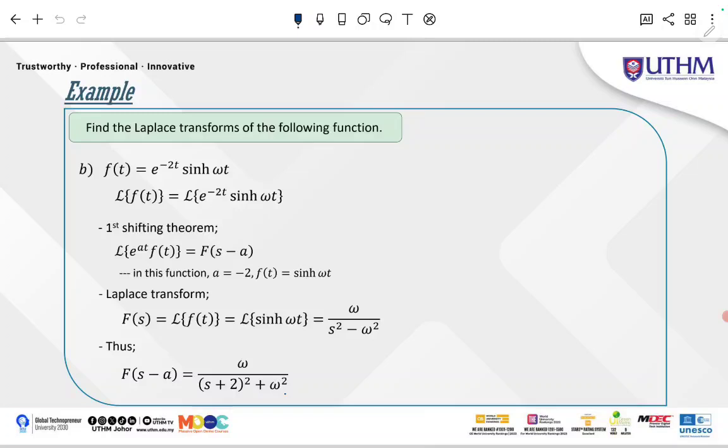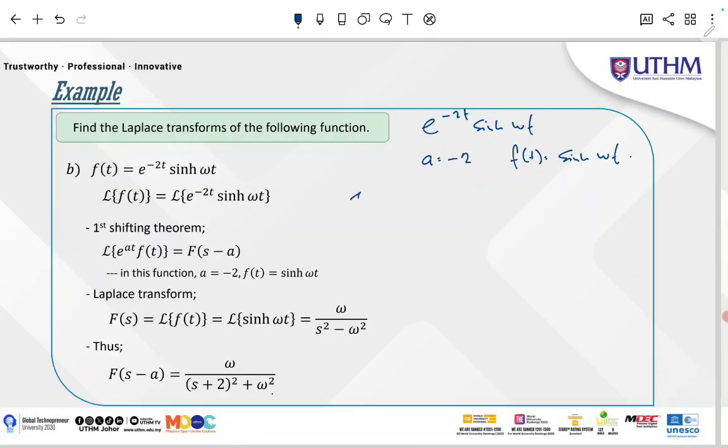Again, we have e to the power of minus 2t sinh omega t. From here, a is equal to minus 2, and f(t) is equal to sinh omega t. So the Laplace transform of f(t) is the Laplace transform of sinh omega t, which is equal to omega over s squared minus omega squared.